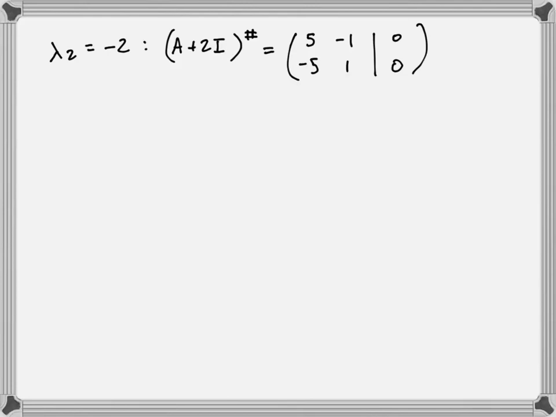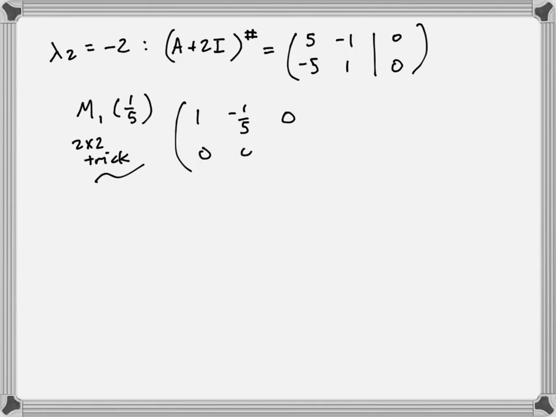We're going to multiply row 1 by 1/5. And again, we're going to use the 2 by 2 trick. Or you could easily just add row 1 and row 2 together. Either way, you're good. You end up with 1, negative 1/5, and 0. And the other is 0, 0, 0.